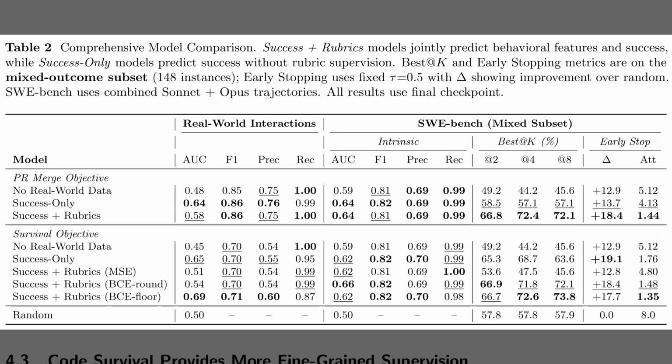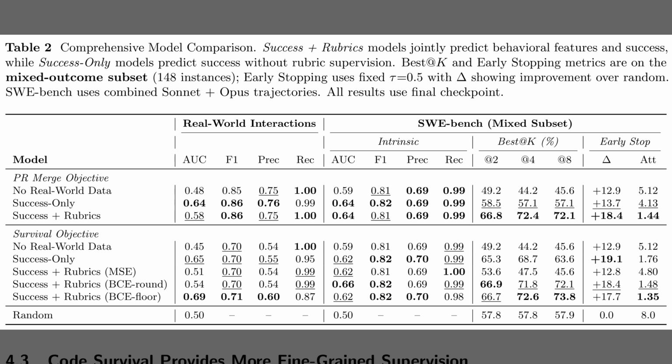So, while the previous figure mapped out those behavioral correlations, Table 2 brings it all together by comparing the final model performances. The first major takeaway is that models trained entirely without real-world data fail on real-world tasks, scoring below random chance with an area under the curve, which measures the model's ability to distinguish successes from failures, of 0.48 or worse. However, when the authors apply their success plus rubrics approach using the code survival objective, performance jumps significantly.